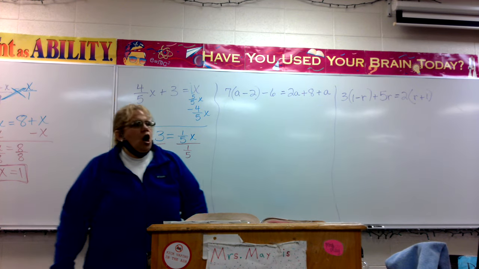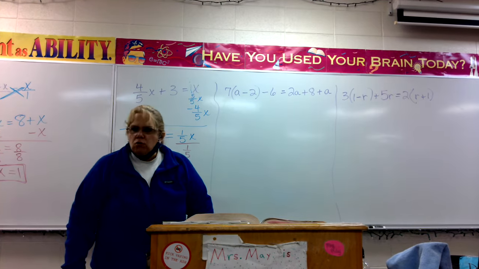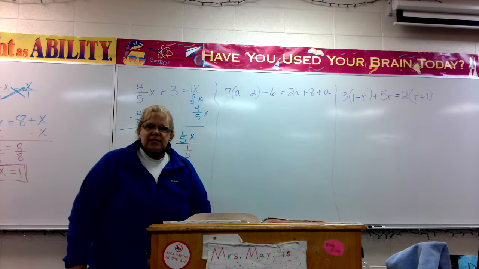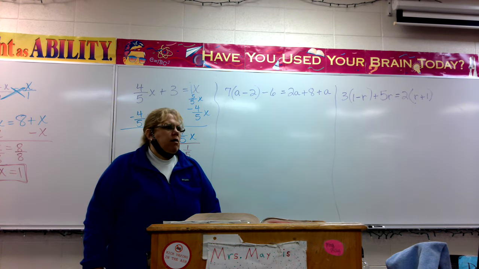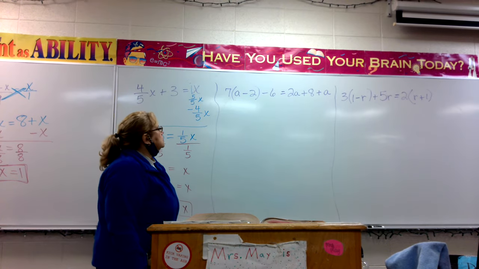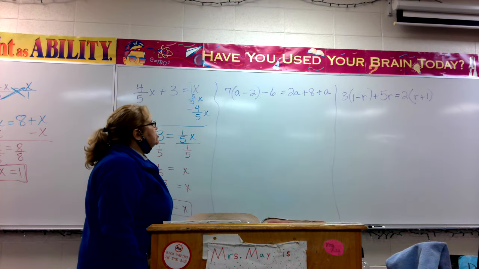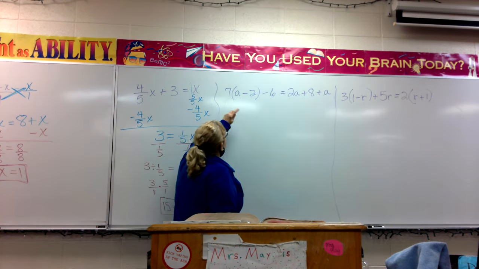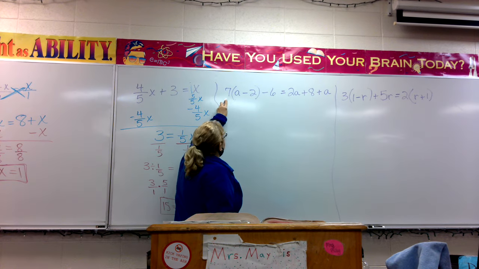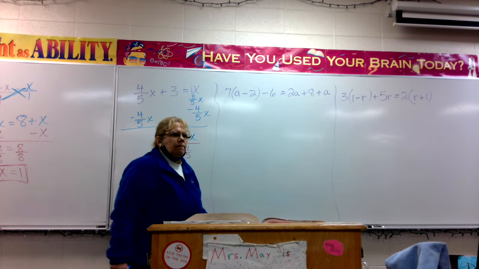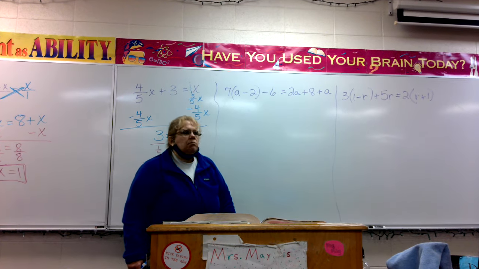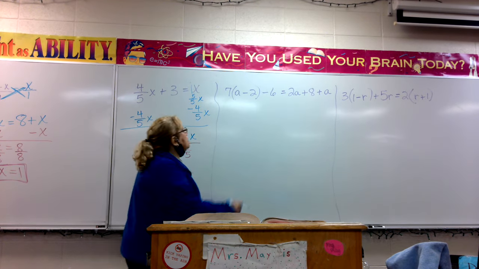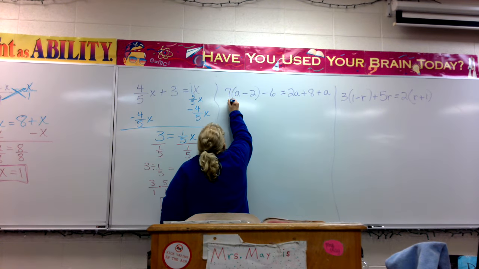No. So now what? Add all the A's? You're right, but as long as we're going to do that, what do we usually do with the parentheses? Multiply it out, right? So let's multiply this out.